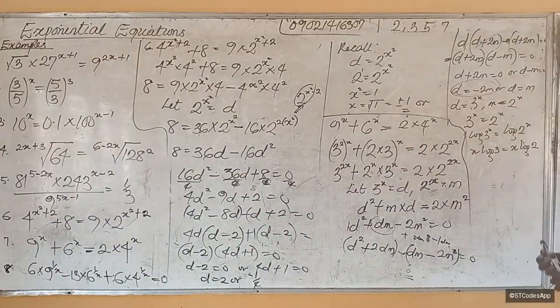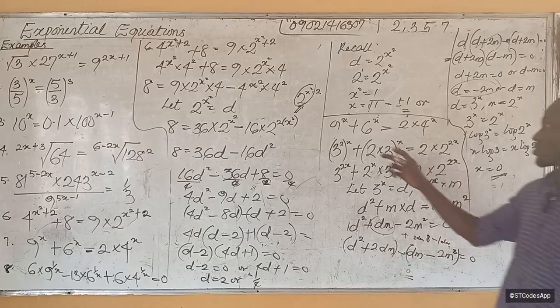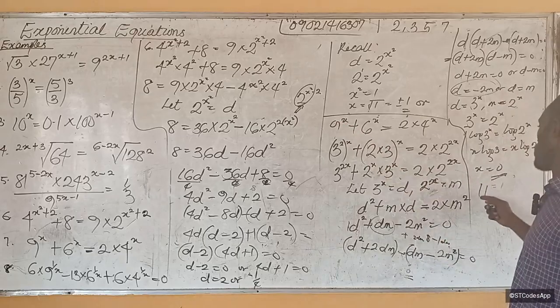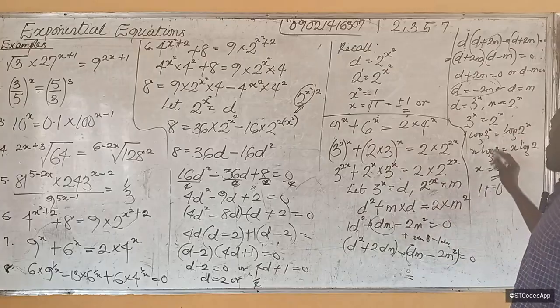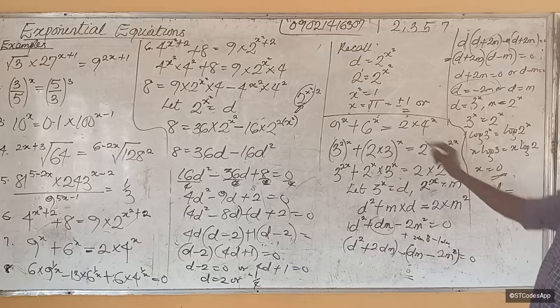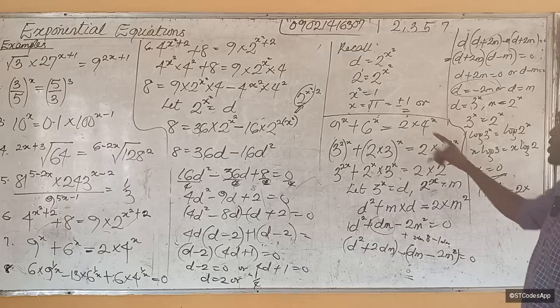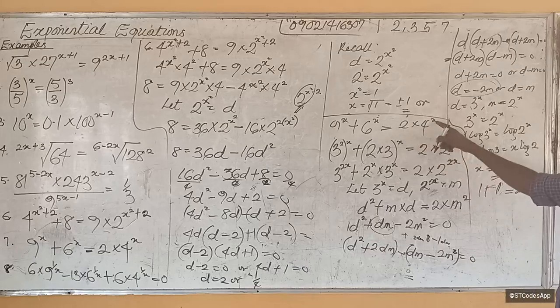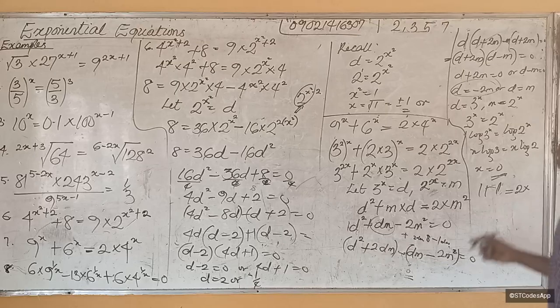So what will happen is that when you have an expression like this, the x must be 0. And if you test it in, you see that 9 raised to the power 0 is 1 plus 6 raised to the power 0 is 1, is equal to 2 times 4 raised to the power 0, which is also 1. So 2 times 1 is 2, and 1 plus 1 is 2, so 2 is equal to 2.